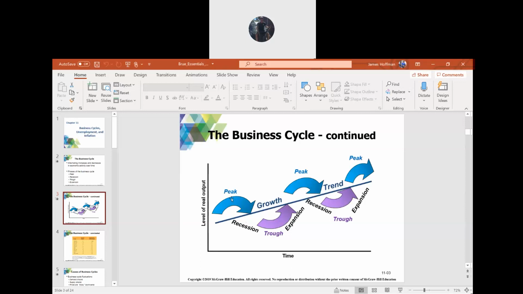Okay, so a peak is a high point, a trough is a low point, and recession is when the economy is declining for a certain period of time, and expansion is when the economy is growing for a certain period of time. So see how this cycle kind of wraps around the trend there?